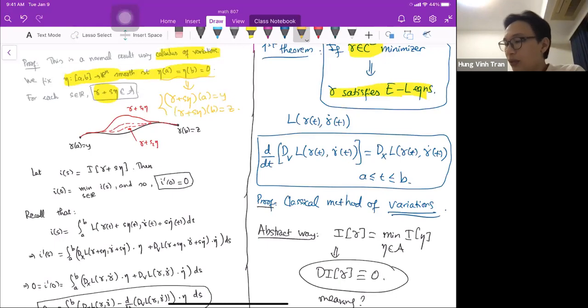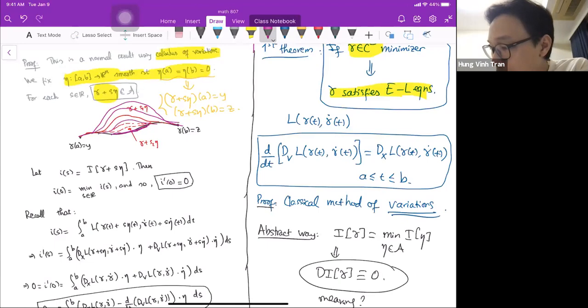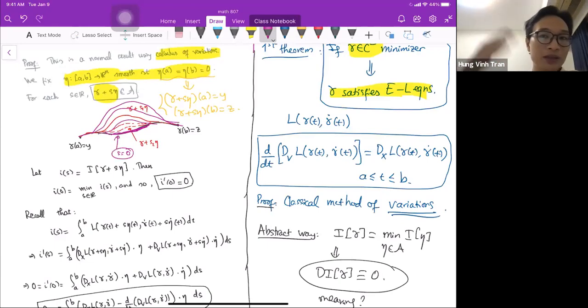Here I drew a little cartoon about variations. Essentially what you do is vary s eta. If s is big, then the variation is going to be like that, and it gets smaller as s gets smaller, and when s equals 0, you get back exactly gamma. So that's the variation technique.